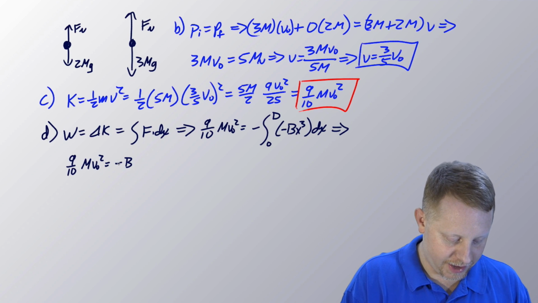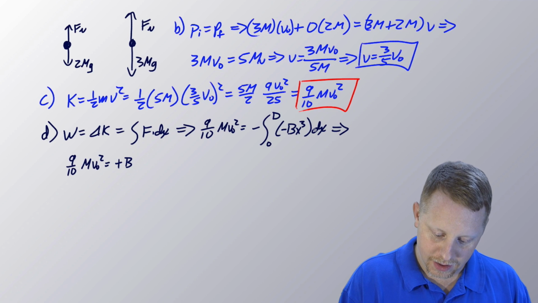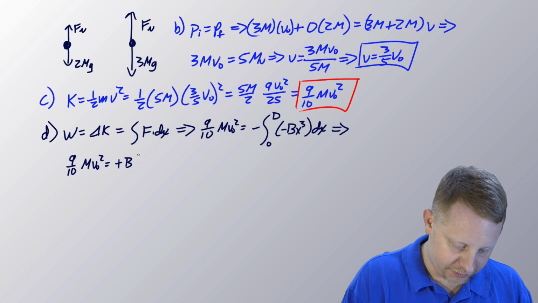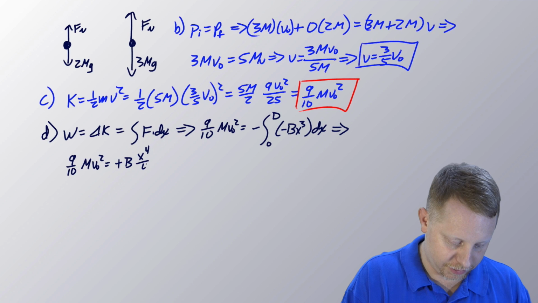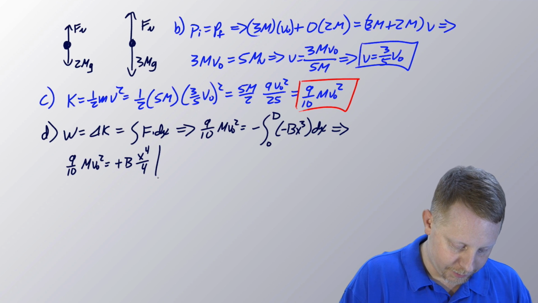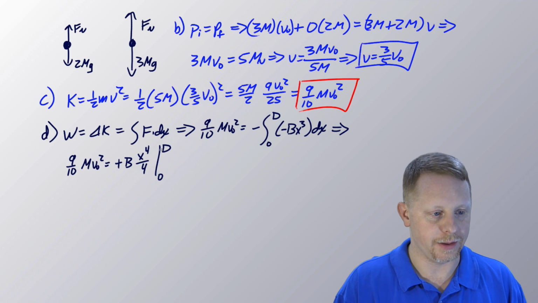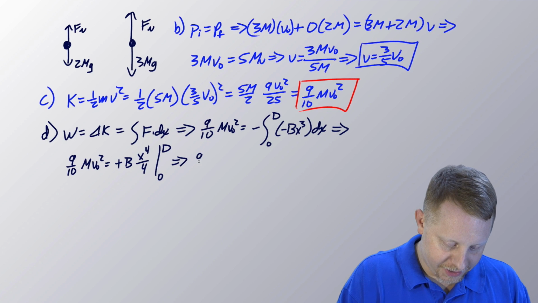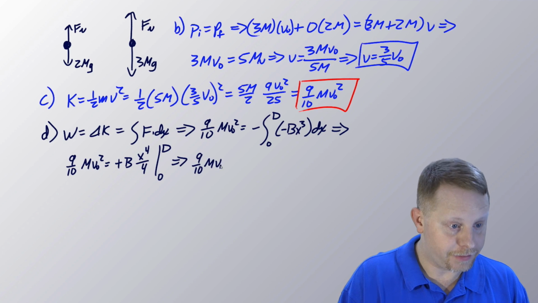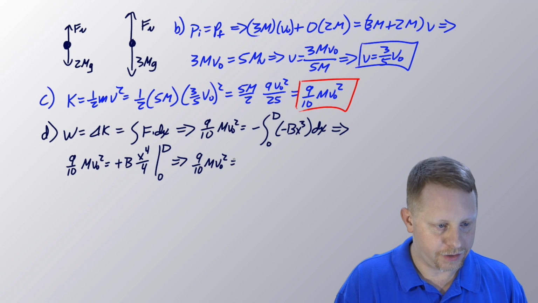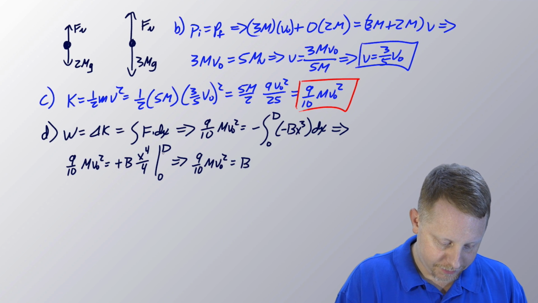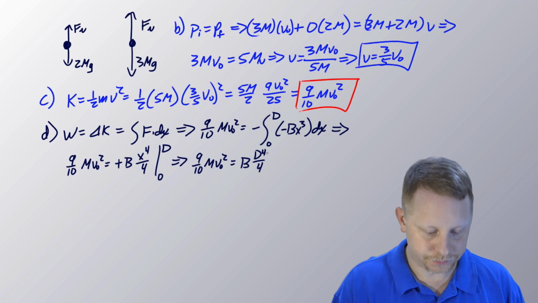We've got negative b, that's going to be a positive, and we have x cubed. The integral of x cubed with respect to x is going to be x to the 4th over 4, in our limits of integration from 0 to D. This implies then that 9/10 capital M v naught squared must equal capital B D to the 4th over 4.